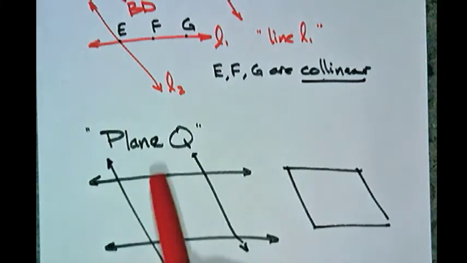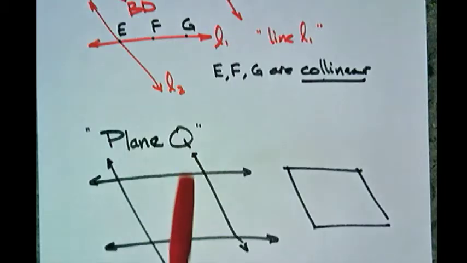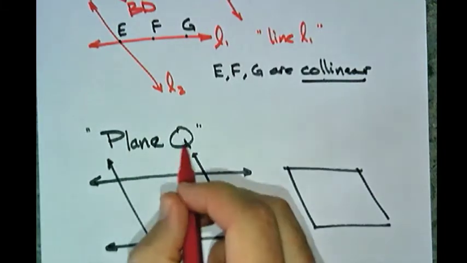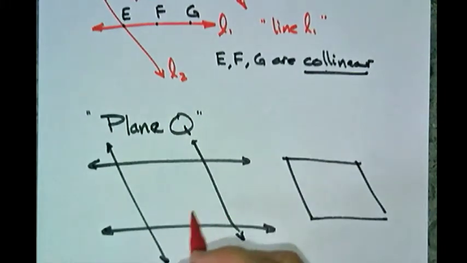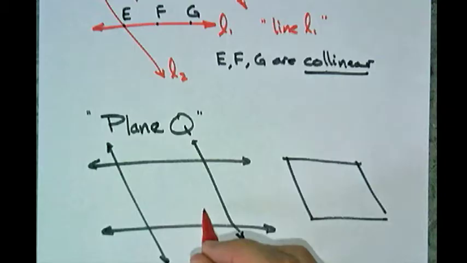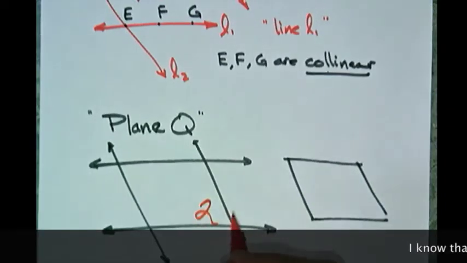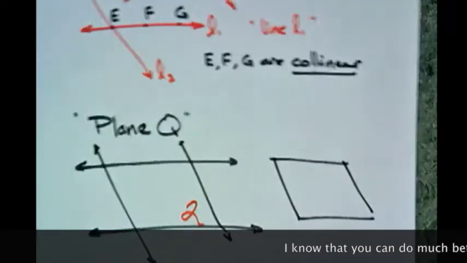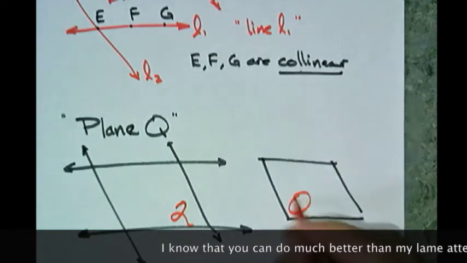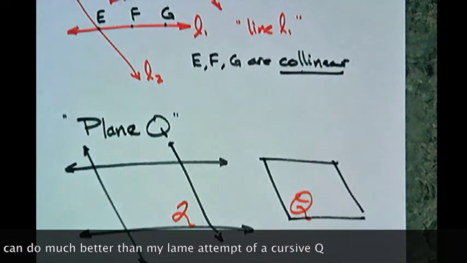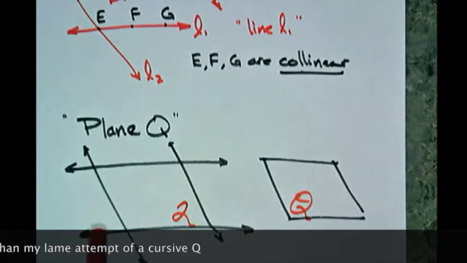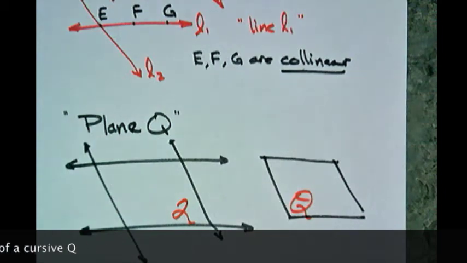To write a symbol for it, they use the cursive uppercase. So lowercase for lines, cursive uppercase for planes, and I think that this is a Q. I should have chosen a different letter. I'd be okay if you tried to make it fancy like that. I won't be too hard on you for your script letters on your planes.